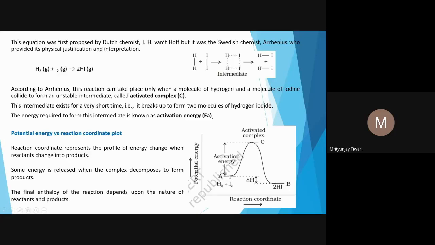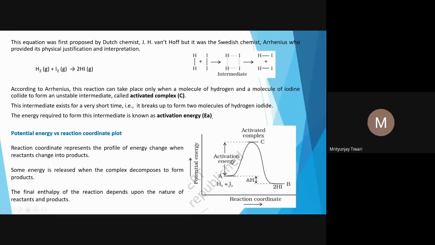Suppose they are at this level, their potential energy. The activated complex C that is formed is somewhere here on this plot. The difference in energy from here to here is the activation energy.